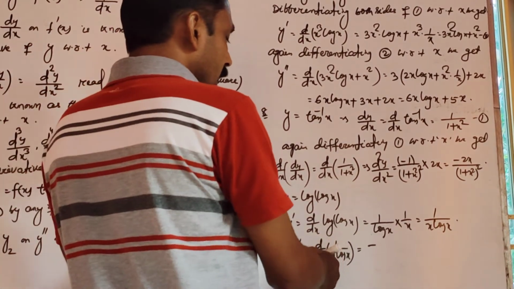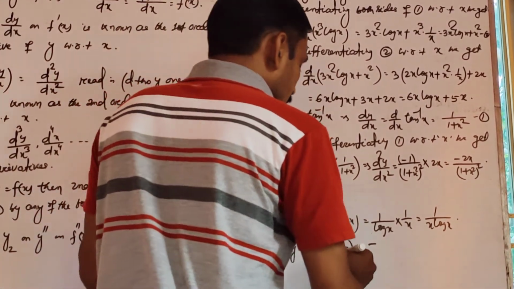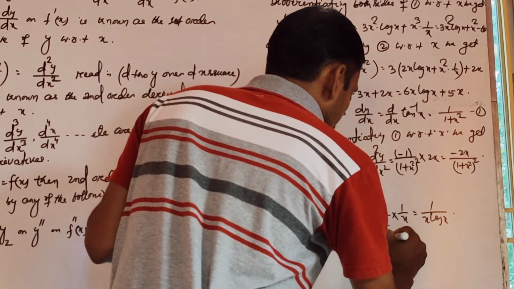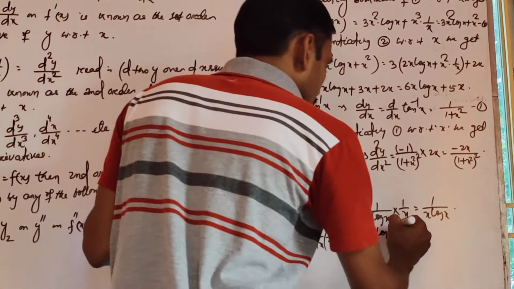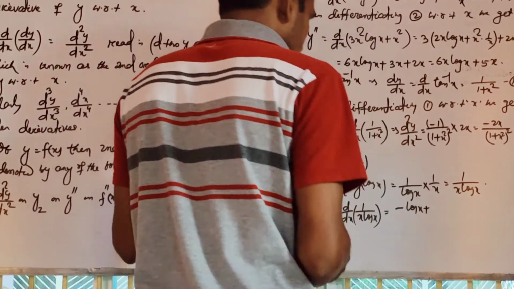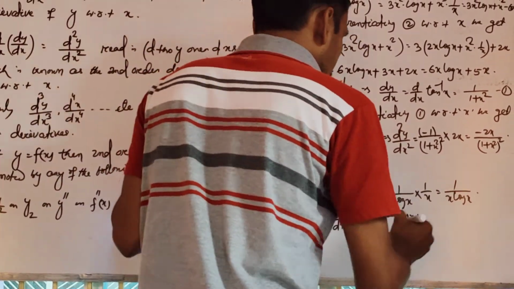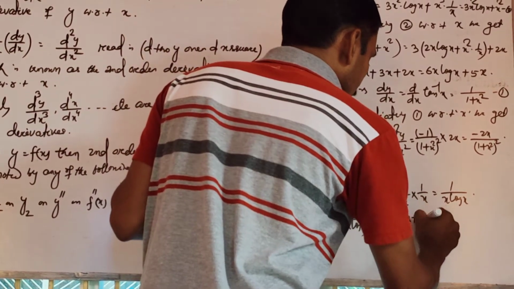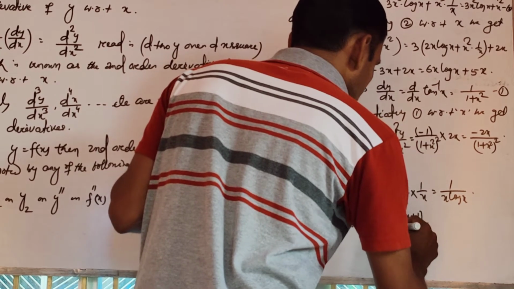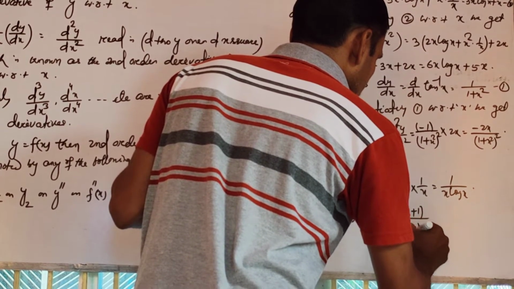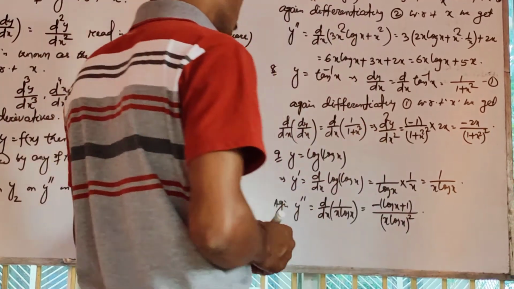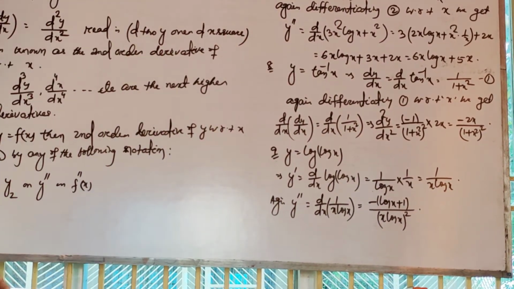So the derivative of the denominator x log x we will find using the product rule: first the derivative of x is 1 into log x, plus x into the derivative of log x, which is 1 by x, all over (x log x) square. So this will be the answer.